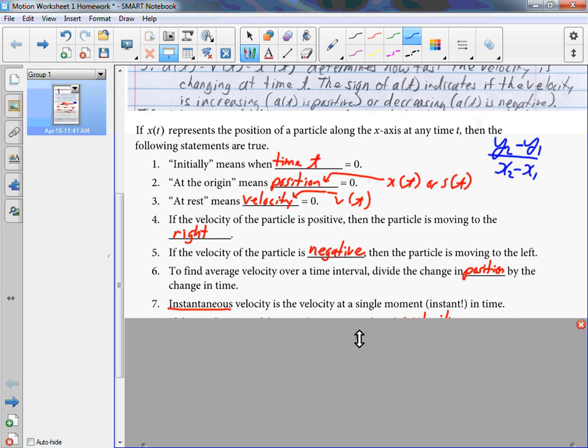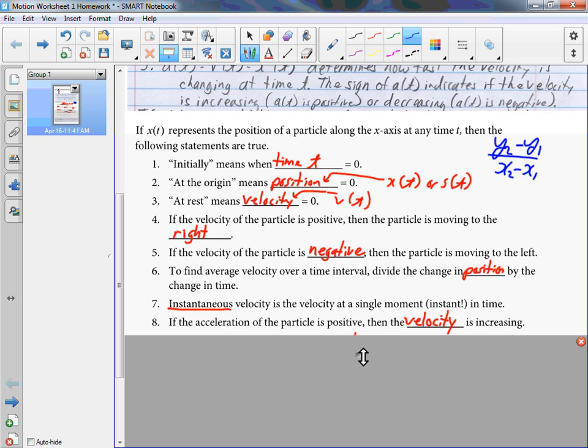All right, number 8. If the acceleration of the particle is positive, what's increasing? The velocity. Because of that function derivative relationship we always have. Number 9, if the acceleration of the particle is blank, then the velocity is decreasing.